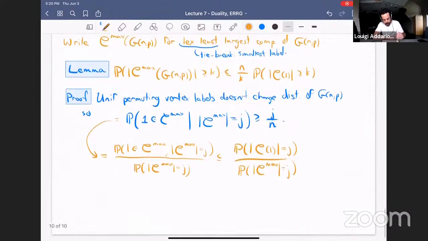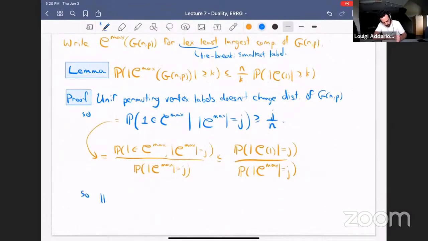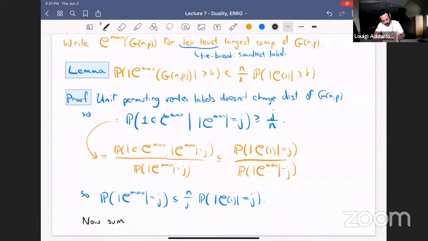So that says that the probability that Cmax has size j is at most n over j times the probability that C1 has size j. And now, to get this bound up here, we just sum over j at least k. So does that make sense?